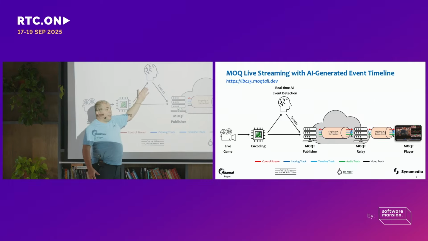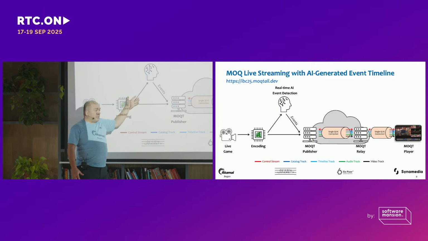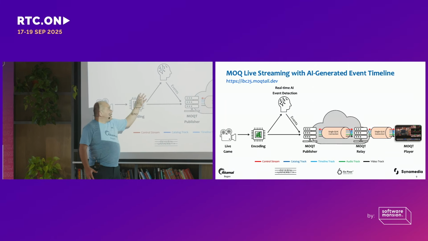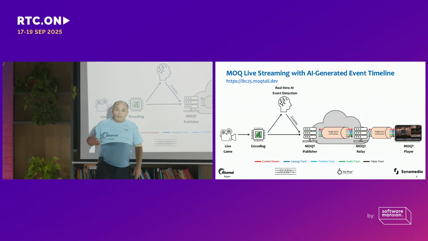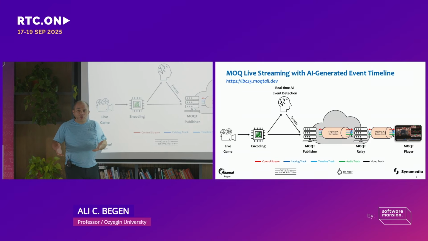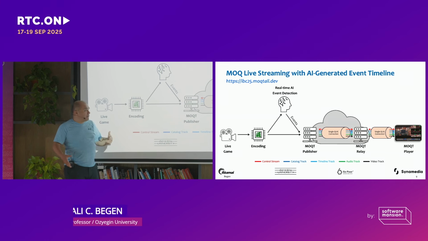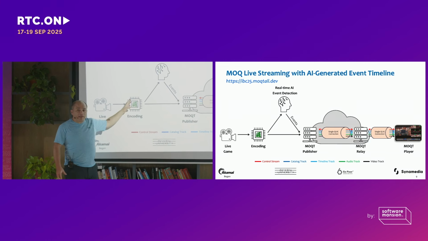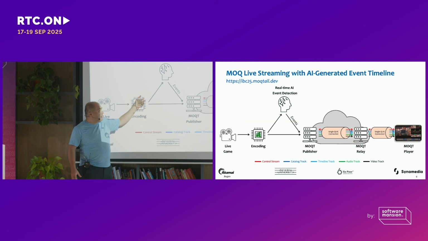So they get a feed of their live video when the game is being played. And then they have this real-time AI detection of different events. So in a basketball game, it will be like a 1-point score, 2-point score, 3-point score, fouls, plays, steals or blocks or slam dunks and so on. Whatever they can generate based on the real-time video.